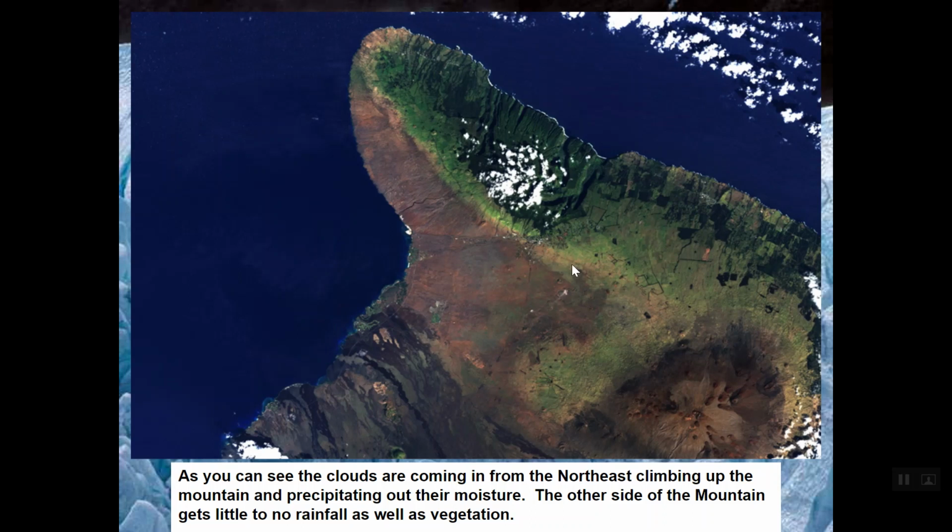For example, which one would be the windward side from the northeast here? The windward side here, the leeward side, brown, much less moisture. So this is not so much a temperature effect as a precipitation effect of climate.